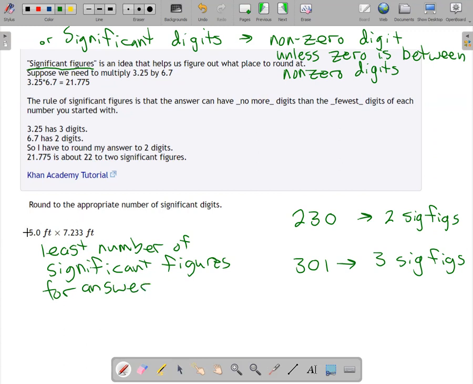So looking at this right here, 5.0, there's only one significant figure there. 7.233 has four significant figures. My answer can use only one significant figure in the answer. The other ones are not significant because this one isn't as accurate.